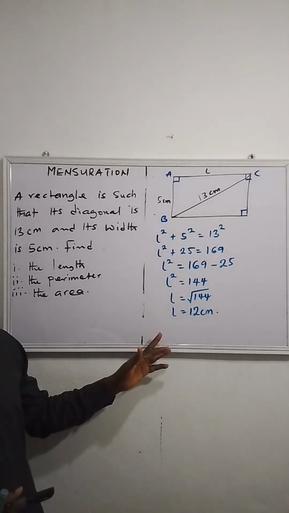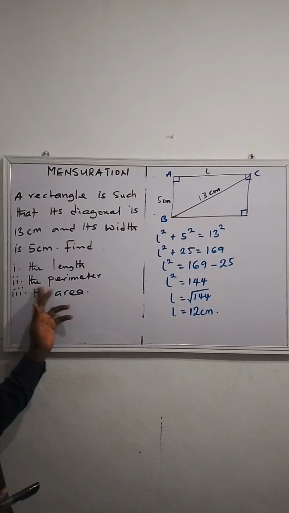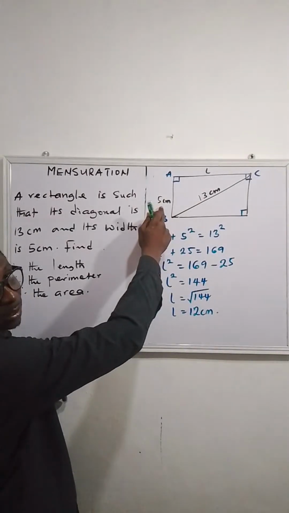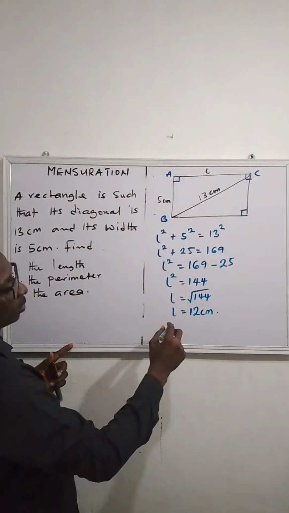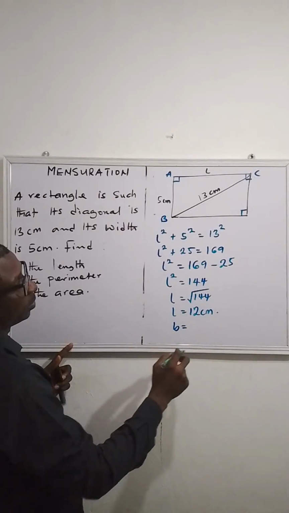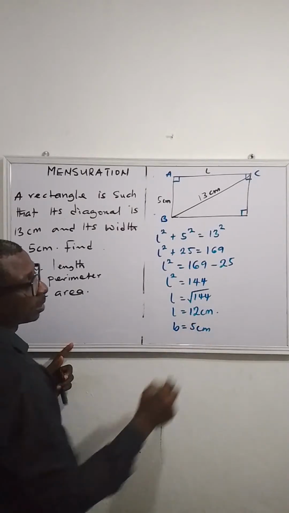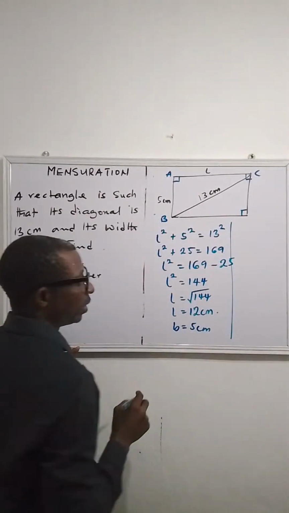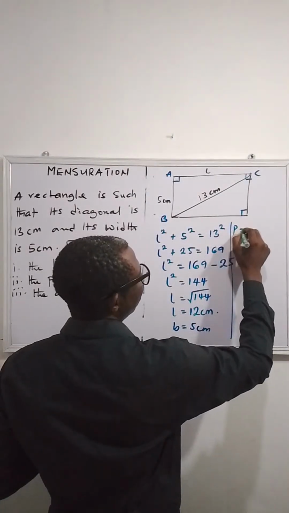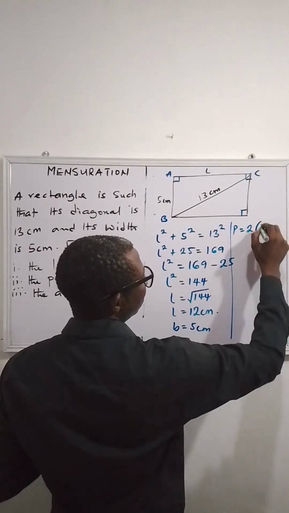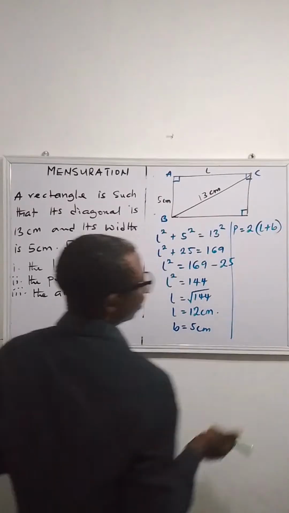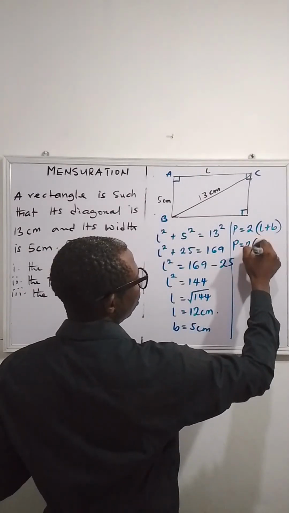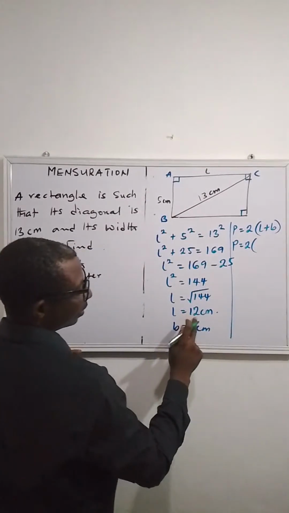Can we look at the second part of the problem? You have to find the perimeter. We already have the breadth, which is the same thing as your width. The width, which is the breadth, is 5 centimeters. That has been given in the question. Can we find the perimeter now? We have perimeter equals 2 times (L plus B). So perimeter equals 2 times, what is the length here?